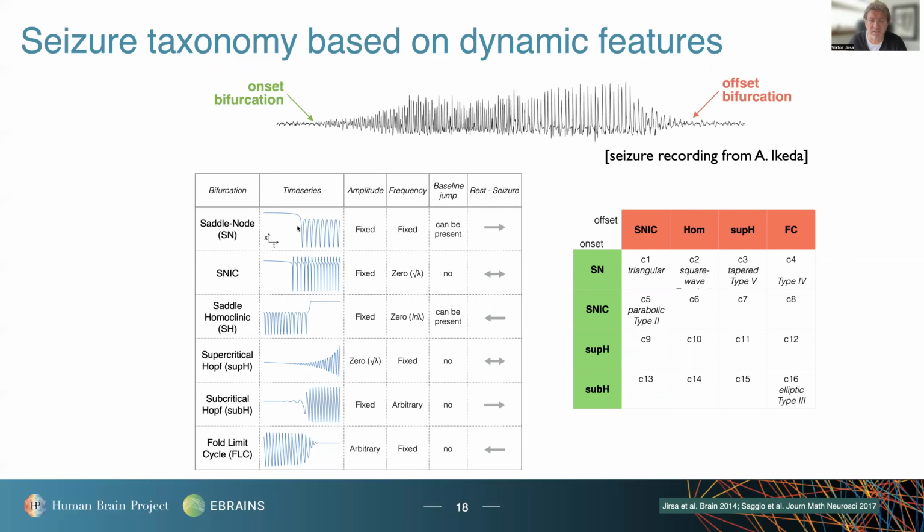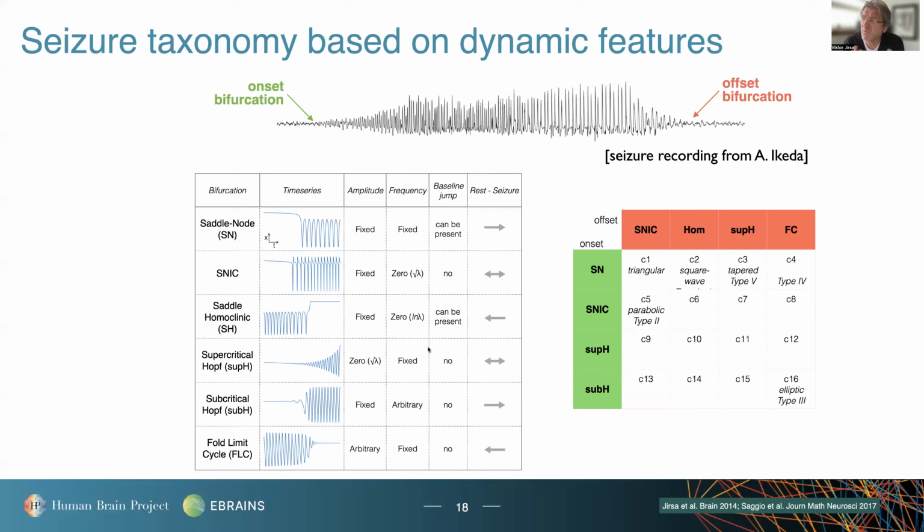And in this particular case, there are only 6 planar bifurcations, how a system can go from a seizure state to a rest state or from a rest state to a seizure state. You can characterize them. You can write them down mathematically, can characterize its amplitudes, its frequency, and they are generic. They are so-called canonical behaviors.